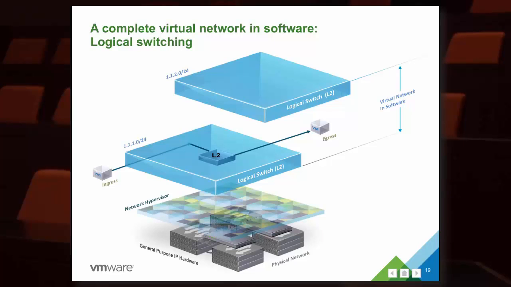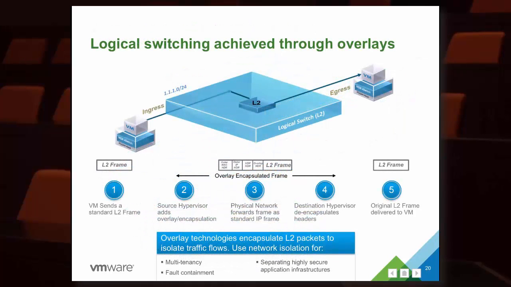By providing that network hypervisor and allowing the logical switches to reside above it so that machines can communicate inside of virtual networks without having to deal with choke points inside of the physical network space. The logical switching is achieved through overlays, and this is where we get into the ideas of VXLAN.